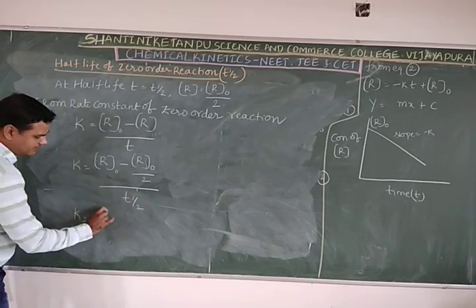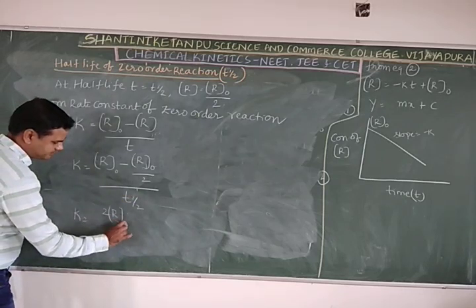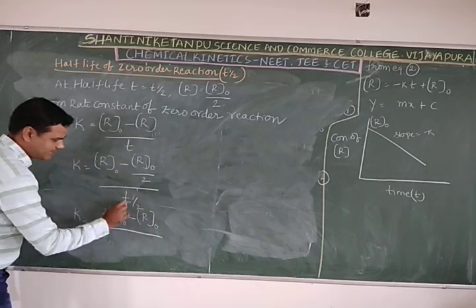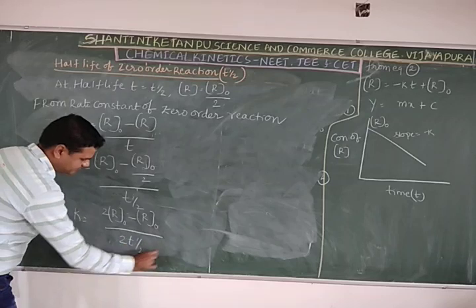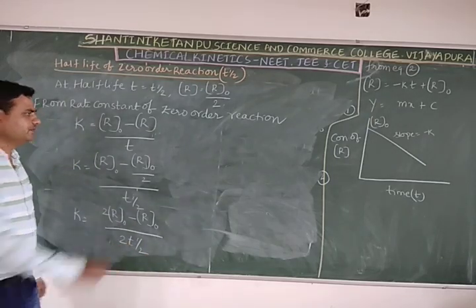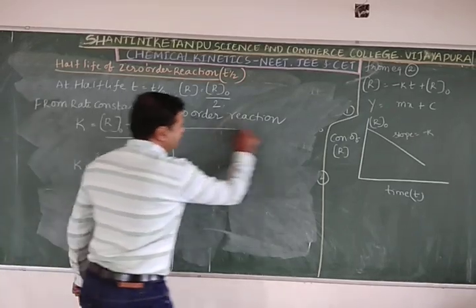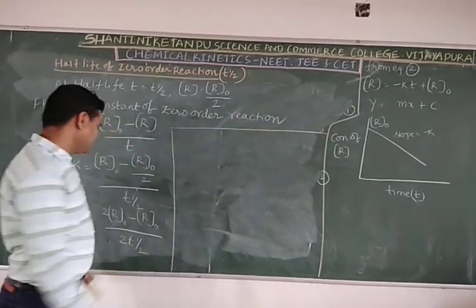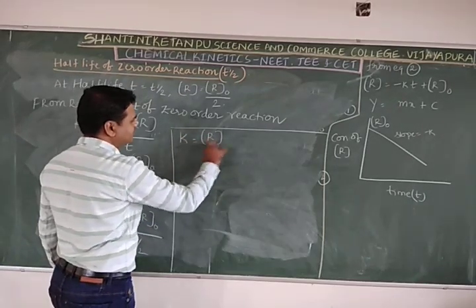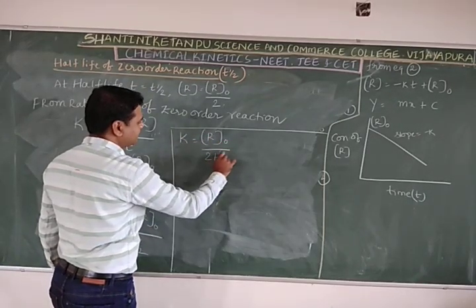We are multiplying: it becomes 2R naught minus R naught by 2T half. And now I can also write here 2R naught minus R naught is equal to R naught. K is equal to R naught by 2T half.